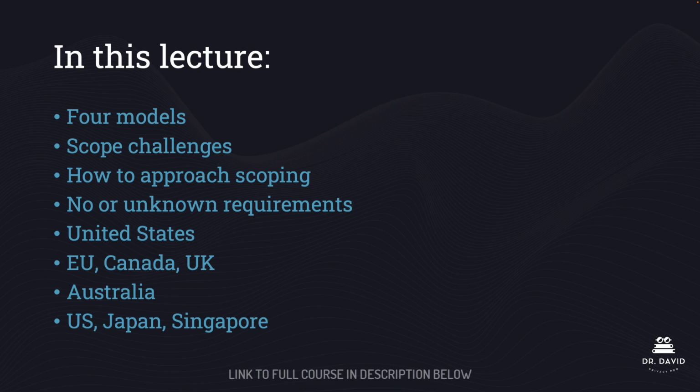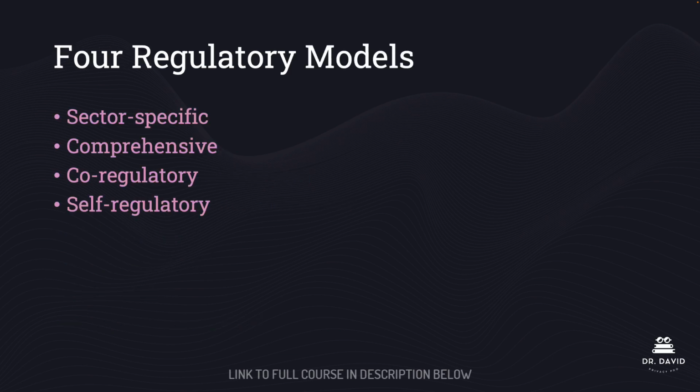We're going to look at the comprehensive approach in the EU, Canada, and United Kingdom. We're going to look at the co-regulatory approach in Australia, and then we're going to look at the self-regulatory approach in the US, Japan, and Singapore. And no, that's not a mistake. There are multiple regulatory models in the United States.